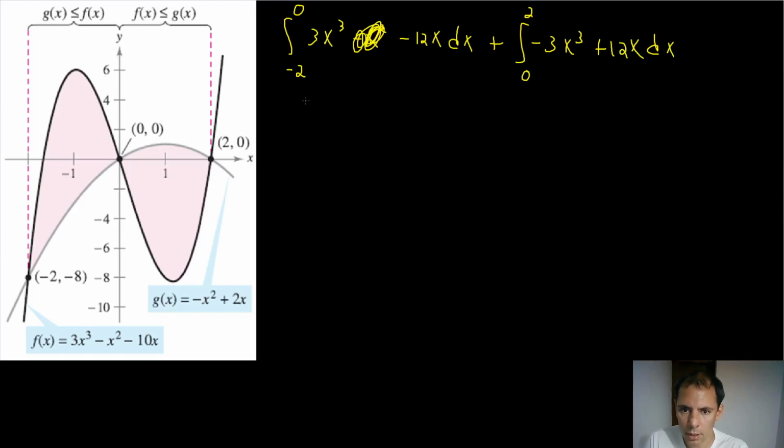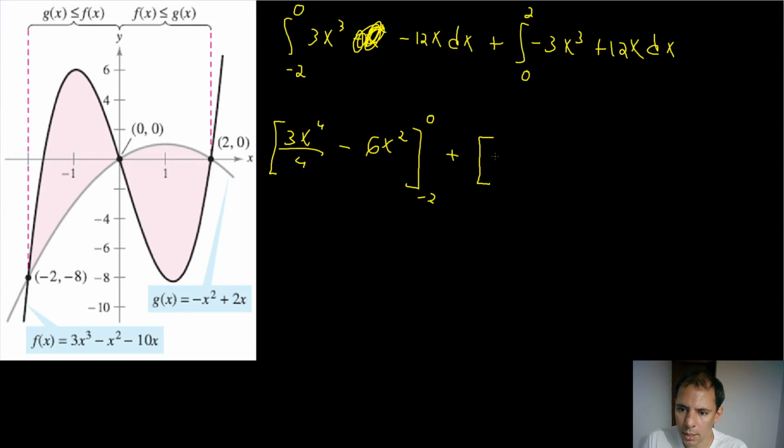All right, so let's do it. In here it is going to be 3x to the fourth divided by 4 minus 12x squared divided by 2, minus 6x squared. Do that from minus 2 all the way to 0, plus, and then we do this.